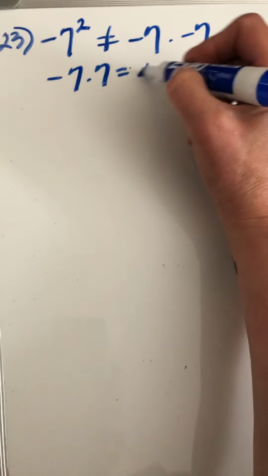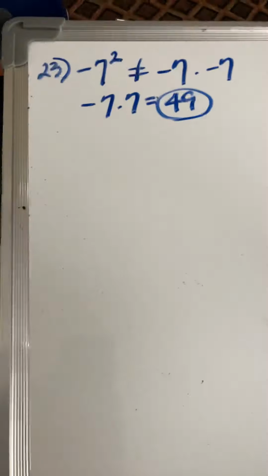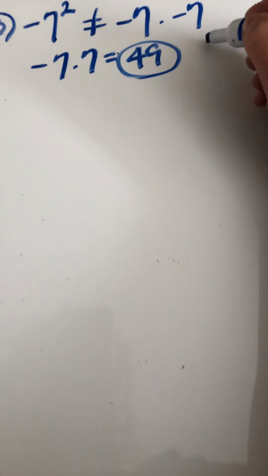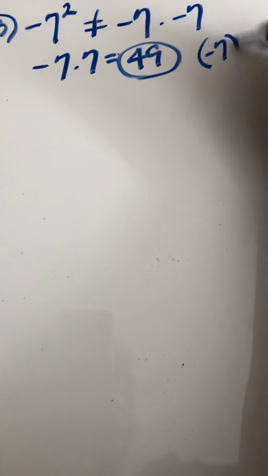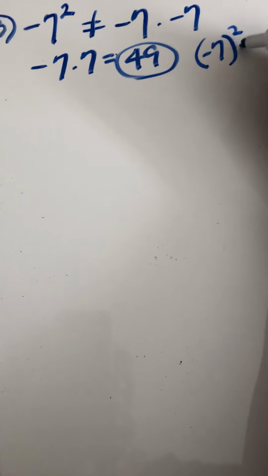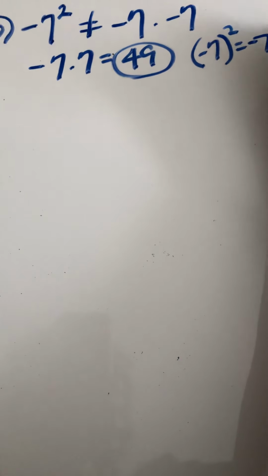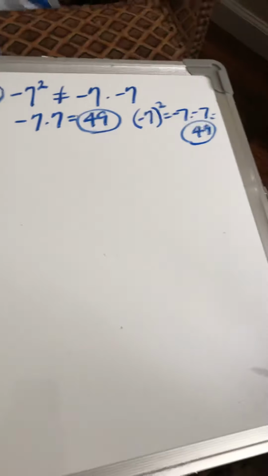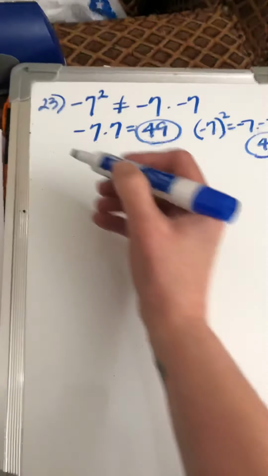So you're going to get negative 49 on that. Here's when you would get a positive: if it had said parentheses, negative 7 all squared, then you would do negative 7 times negative 7 and get a positive 49. That's a huge difference. Don't make that mistake.